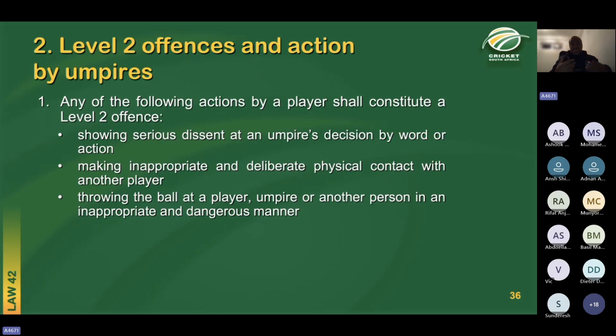Was it dangerous? That is the decision that you need to make together with your partner, because the different views that you have of the same scenario could give you different opinions. They hopefully are similar opinions, and that way your decision would be easier, whether it's a level 2 offense or you allow play to continue.